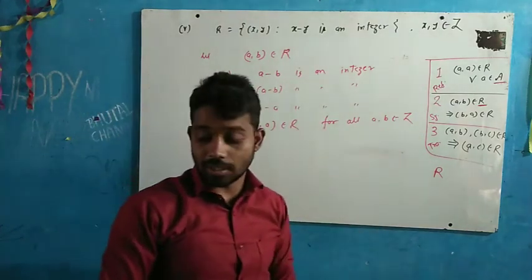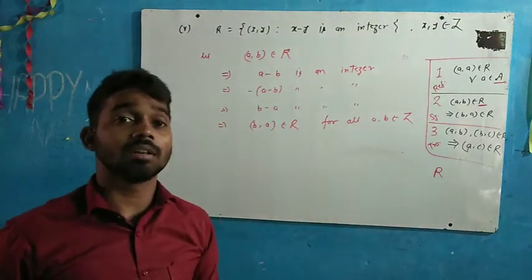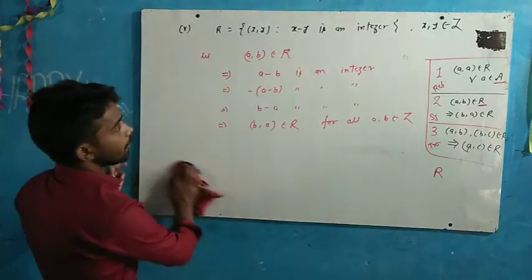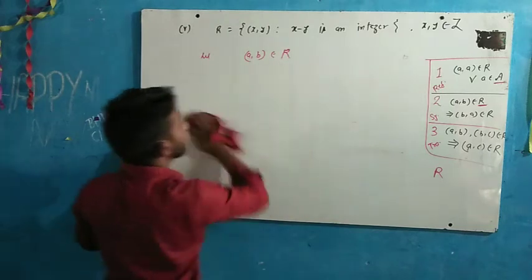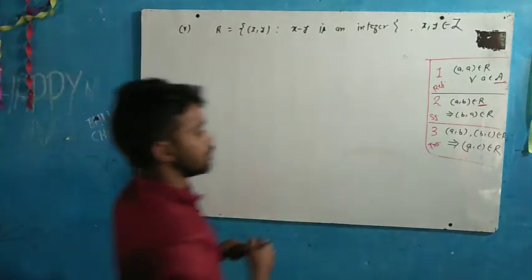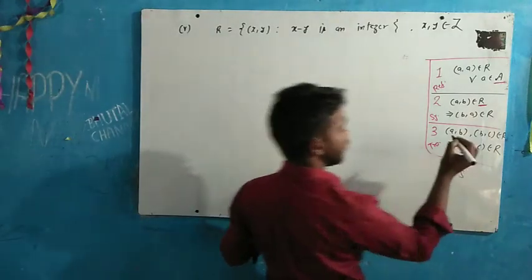Very easy. So like that we can do the third part, transitivity. Clear? See the third part. So far we have seen it is reflexive and symmetric.